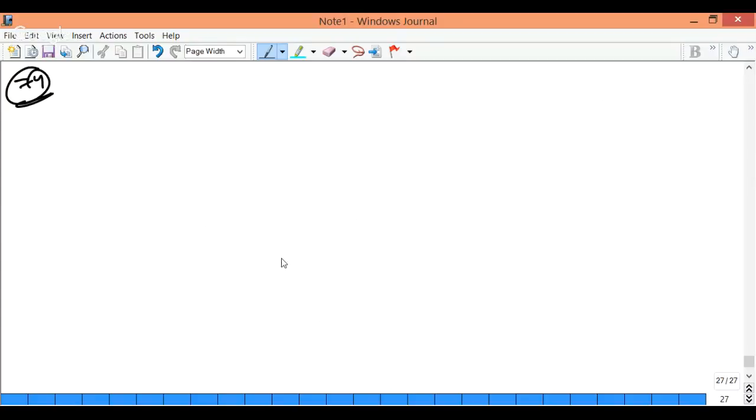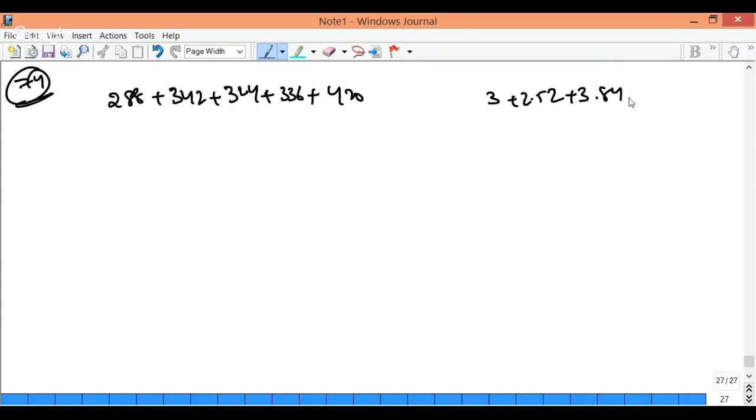Find the rough sum of salary: 288, 342, 324, 336 and 420. Find the rough sum.